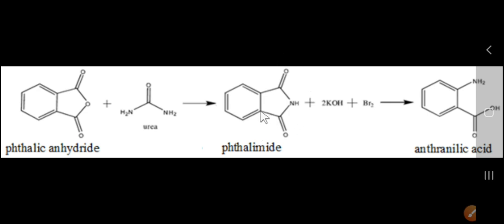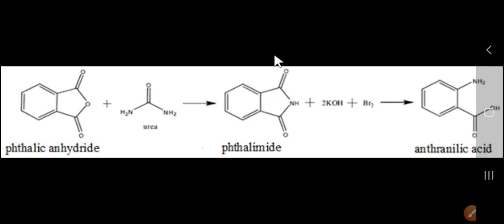As we get the phthalimide, we are going to treat it with the NaOH or KOH and Br2. So this mixture of NaOH or KOH and Br2 will convert it into NaOBr, and that NaOBr is the key reagent for the Hofmann rearrangement. So as you know that Hofmann rearrangement is nothing but conversion of amide to amine.